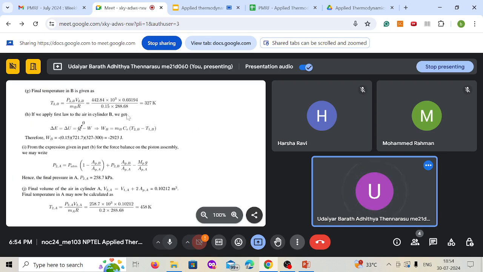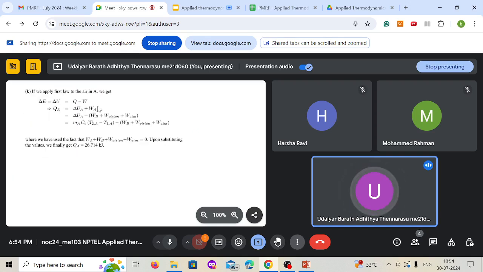So WA is nothing but minus of WB plus W piston plus W atmosphere, and the change in internal energy of A is m Cv delta T. So we have found out all the work done.